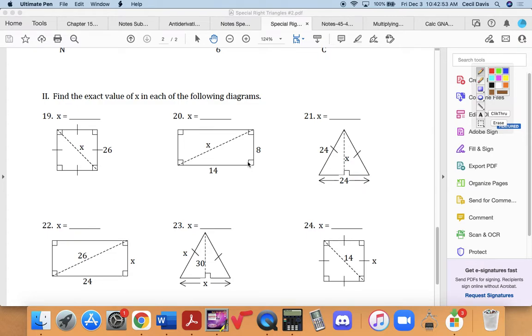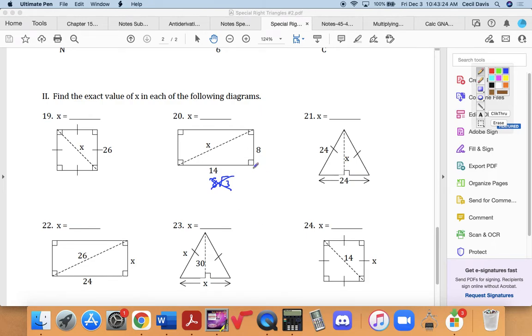Why would it be a 30, 60, 90? It could be, but actually we know conclusively that it's not. Why? Because if it was a 30, 60, 90 triangle and the short leg was 8, the long leg would be 8 square roots of 3. And the long leg is 14. Those two are not the same.